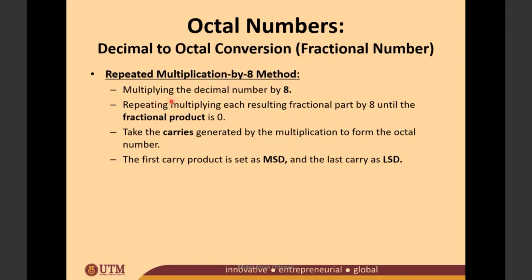So multiplying the decimal number by 8, repeating multiplying each resulting fractional part by 8 until the fractional product sama dengan kosong. Once you dah dapat fractional product sama kosong, take the carries and perform the octal number. The first carry product is set as the most significant digit and the last carry as the least significant digit.